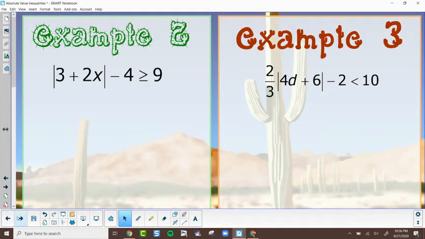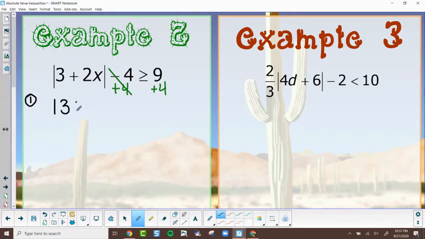So let's go ahead and try one together. So it looks like I do need to isolate the absolute value. So step 1 says I need to do some isolation. So I'm going to add 4 to both sides of the absolute value. So I'm going to say, okay, here's 3 plus 2x. And then I've got something like this.